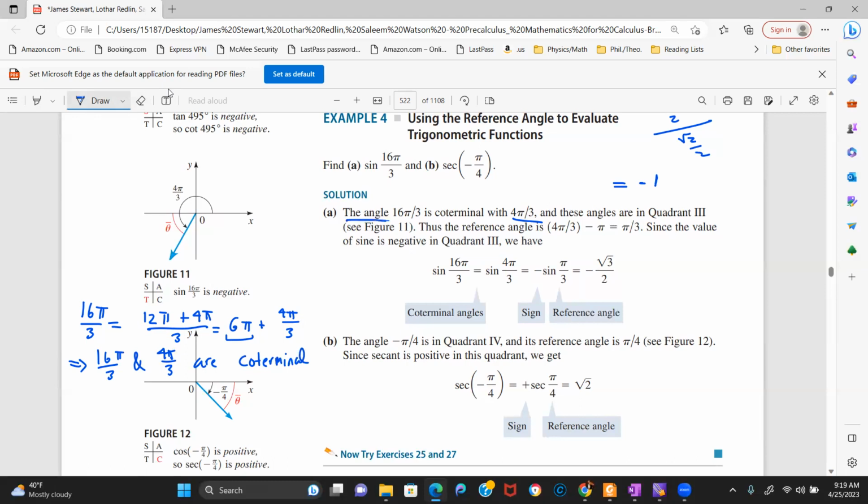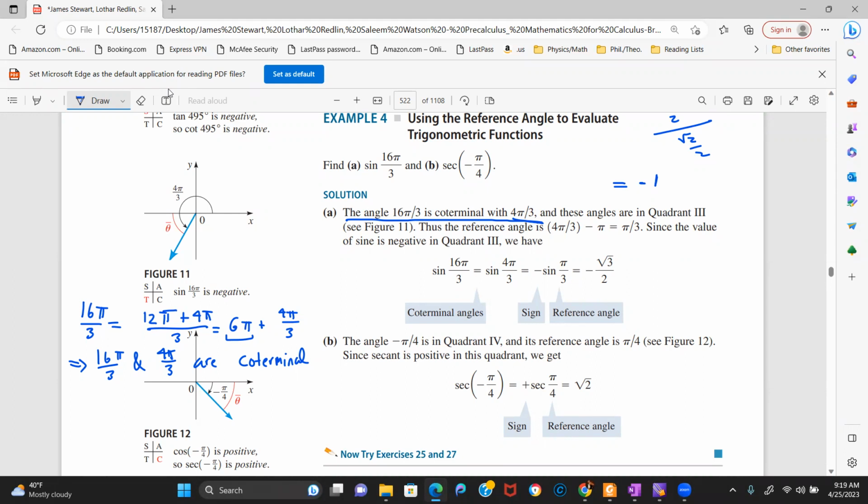That's why this first sentence is true. That's why they're coterminal, because you can break 16 pi over 3 up in that way. All right, so now where does 4 pi over 3 land us? What quadrant is 4 pi over 3 in?